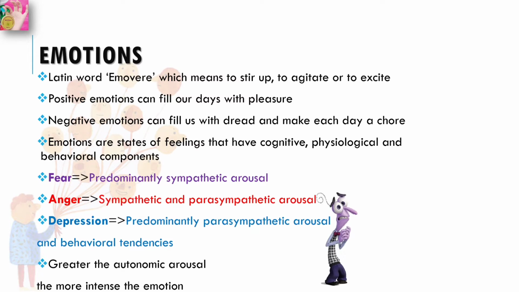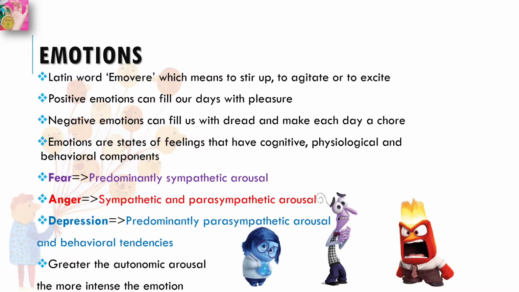Now, anger involves cognition that a provocateur should be paid back, which includes both sympathetic and parasympathetic arousal and tendencies to attack. Depression usually involves cognitions of helplessness and hopelessness, and predominantly parasympathetic arousal and behavioral tendencies towards inactivity, or sometimes self-destruction.